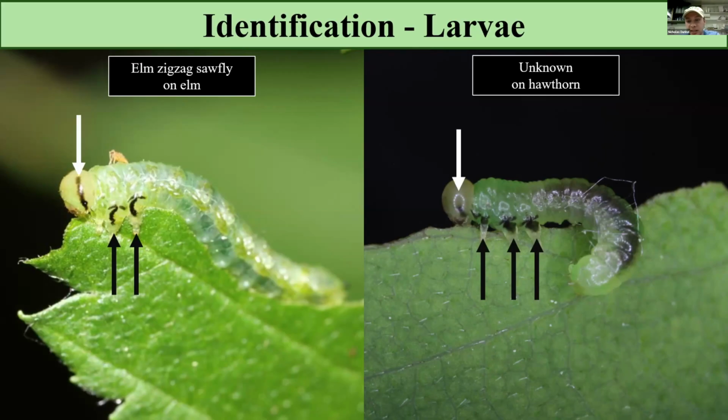Additionally, there's the line that runs through the eye. I haven't seen any native species that have the line that runs all the way through the eye and down on the other side. As you can see in this one, it's only on the bottom, below the eye.